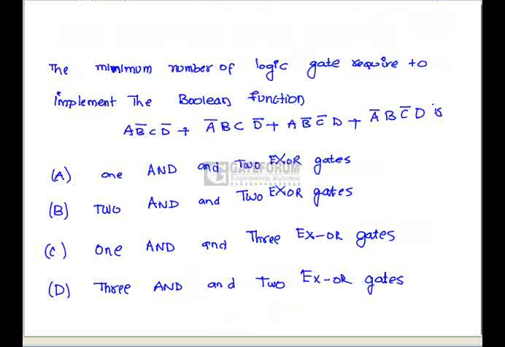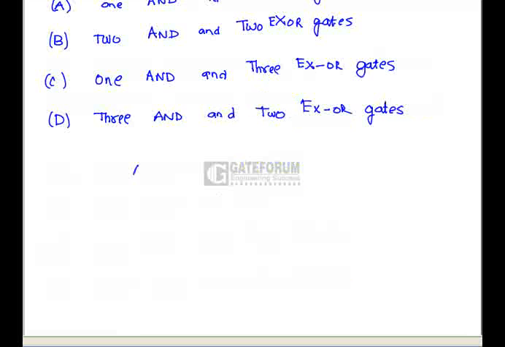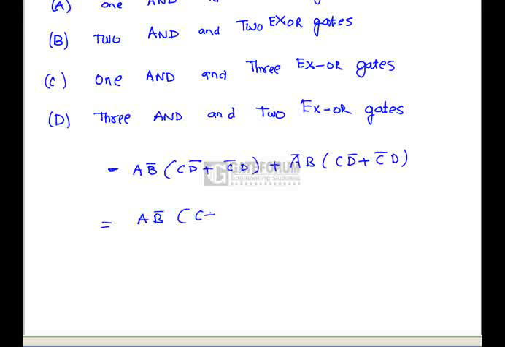Question is the minimum number of logic gates required to implement the following Boolean function. See, if we simplify the following Boolean function, we will represent this Boolean function as AB' (CD' + C'D) + A'B (CD' + C'D). So, AB' (C XOR D) + A'B (C XOR D).